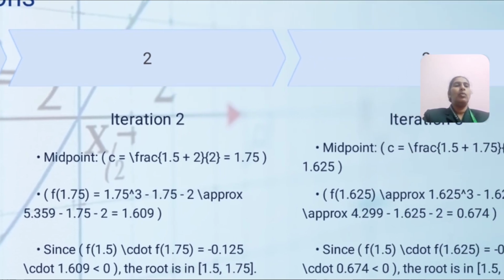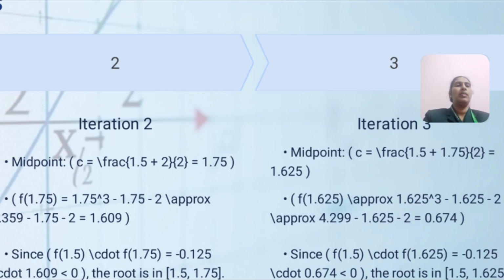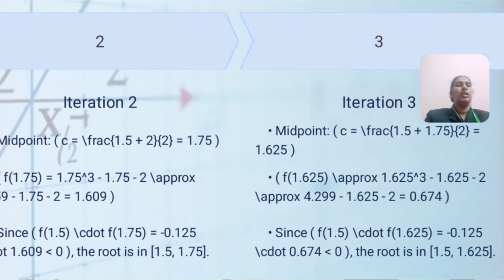Then we have to go with the next iteration: (1.5 plus 1.75) by 2 gives 1.625. So we check 1.625 cube minus 1.625 minus 2, and we get minus 0.125.